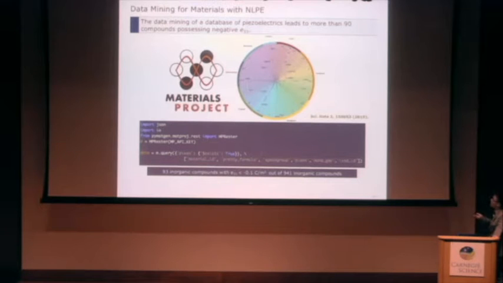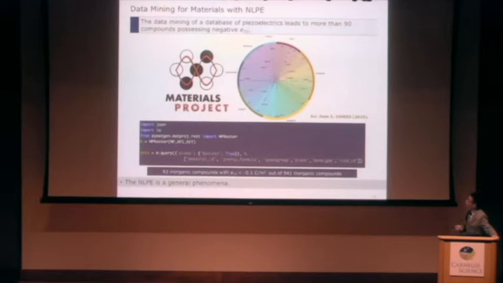And this database contains nearly 1,000 inorganic compounds. So with just 2 lines, we quickly identify nearly 100 inorganic crystalline compounds with E33 smaller than -1 coulomb per meter square. So this really demonstrates that this phenomenon is much more common than we thought.